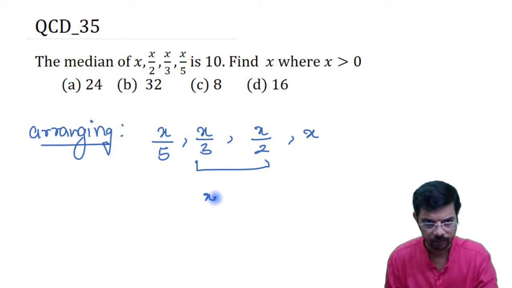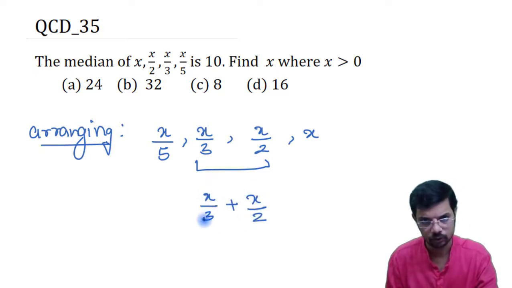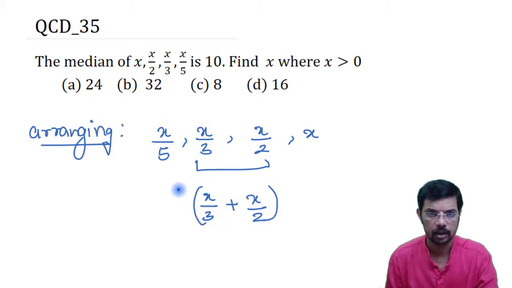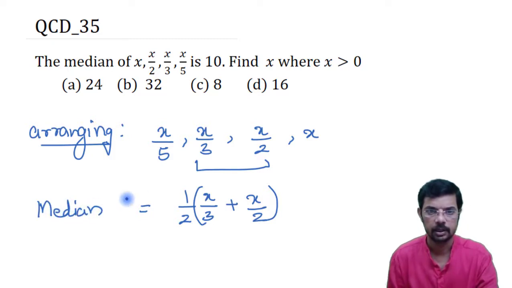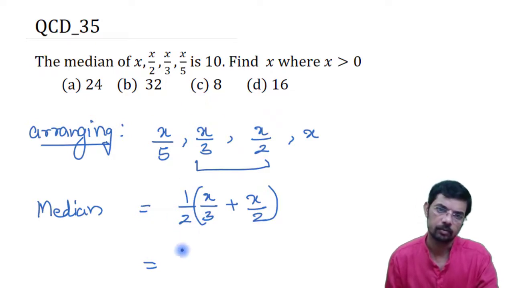That is equal to x by 3 plus x by 2, and half of that, that is equal to the median. So median is equal to 1 by 2 into x by 3 plus x by 2.